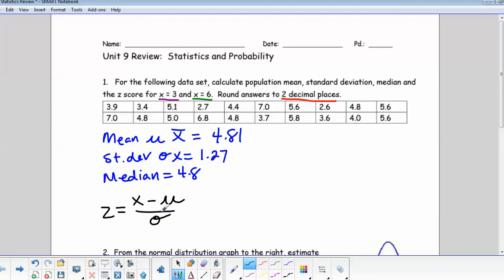So in this case, we have x equals 3, so we're going to do z equals 3 minus the mean, 4.81, over the standard deviation, which is 1.27. If you put that in your calculator, take a minute to do that, you should get negative 1.43.